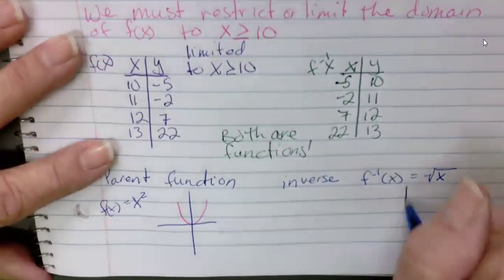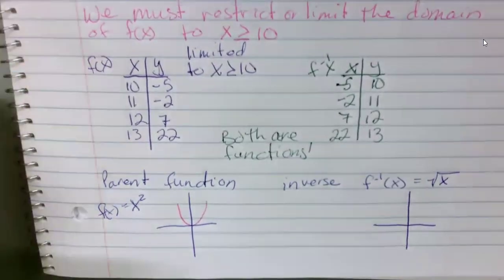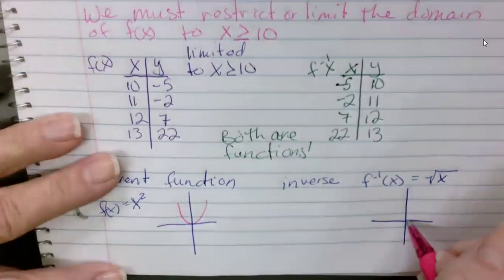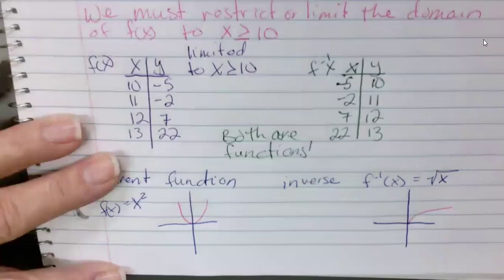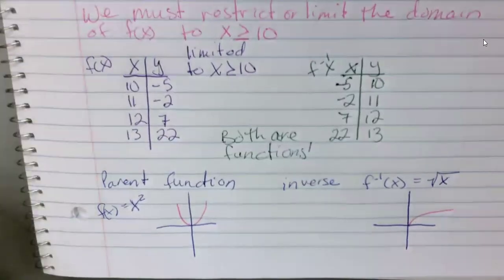So then, if you go to one of our parent function worksheets, the parent function for a square root is going to look something like this, as if it were a sideways parabola, but we only did one part of it. Because when x is negative, that would put a negative under the square root.